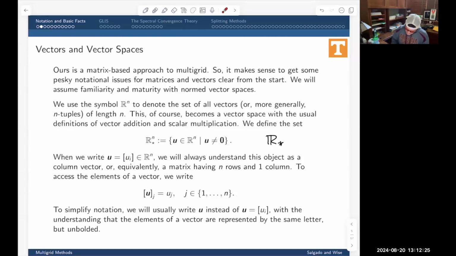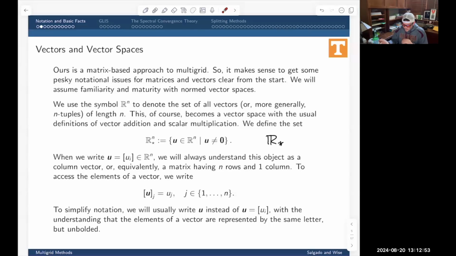I know it ends in n because we're drawing these from R^n. And again, these are always understood to be column vectors, or equivalently a matrix having n rows and one column. Actually, there really is no difference between a column vector and a matrix having n rows and one column. In fact, this language of matrices allows us to think about row vectors and column vectors.